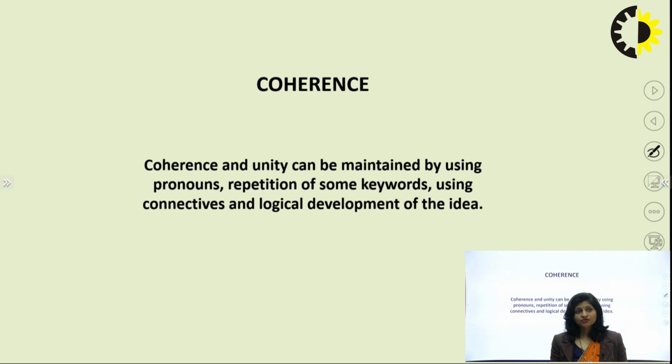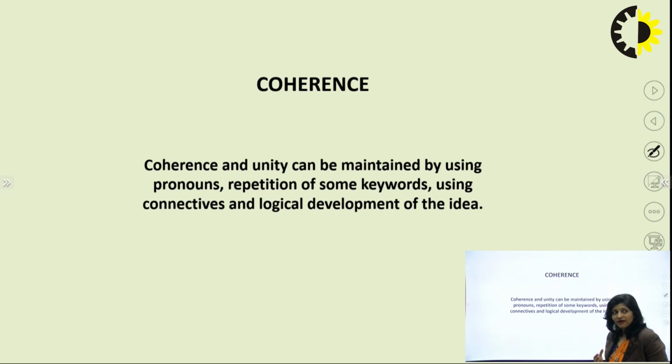If the writer wants to write another idea, he will write the next paragraph. So it helps the reader to understand easily, because he knows only one single idea is written in one paragraph. So all the sentences are connected to each other.